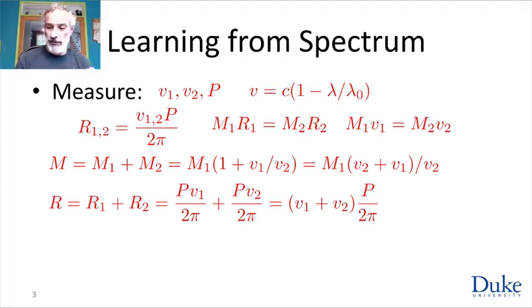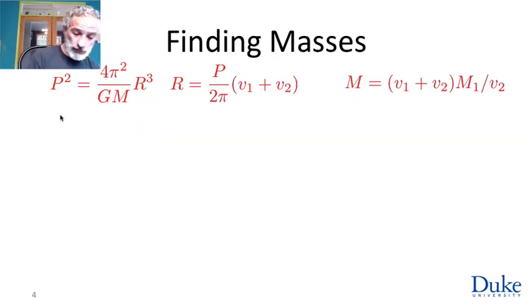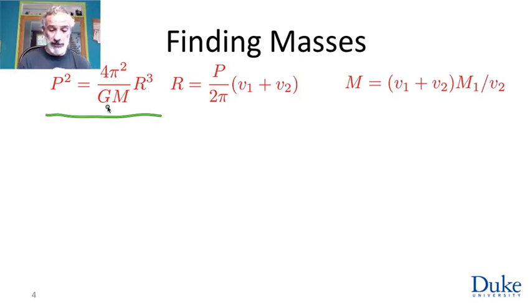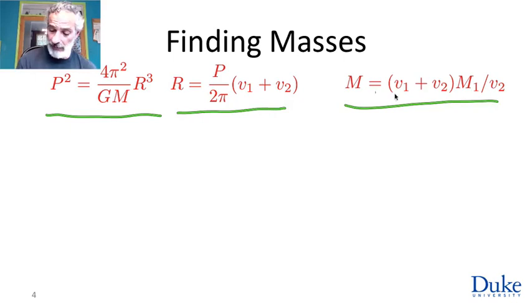Now, we're going to take all this information that we've accumulated here and plug it into Newton's form of Kepler's law. Remember that P, R, and the total mass are related by this expression. I remind you, on the previous slide, we found this relation between R and the observed quantities, and this relation between M, the observed quantities, and M1. Remember, the mass of one of the stars is what I am after.